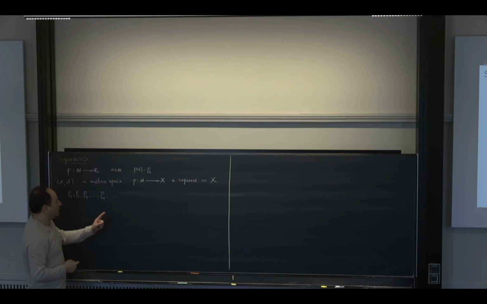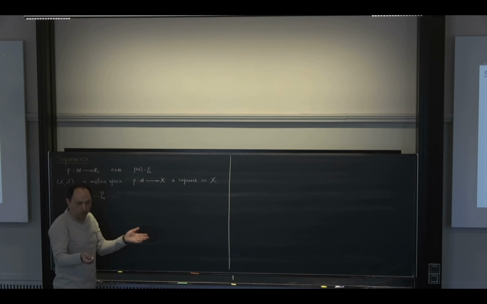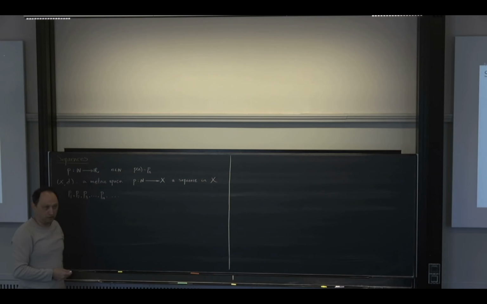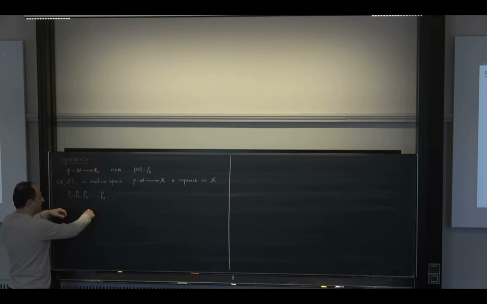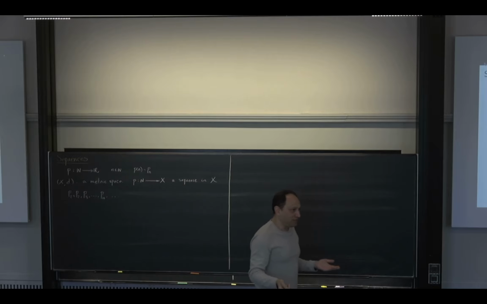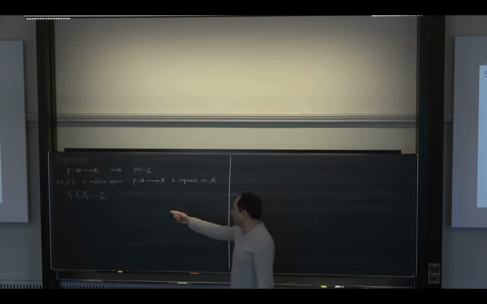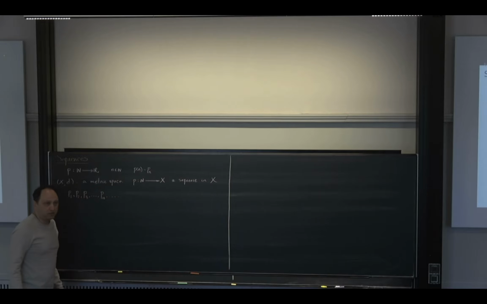Because we have to assign one element from my metric space to every natural number, and because the natural numbers are infinite, this list is always infinite. So in the usual sense, when you learned about sequences in calculus, this list was a list of numbers. But now if I am working in a metric space, this list is a list of elements from my metric space. If my metric space is composed of numbers, this is still a sequence of numbers. But if they are not numbers, these are not numbers, okay? Is that understandable?